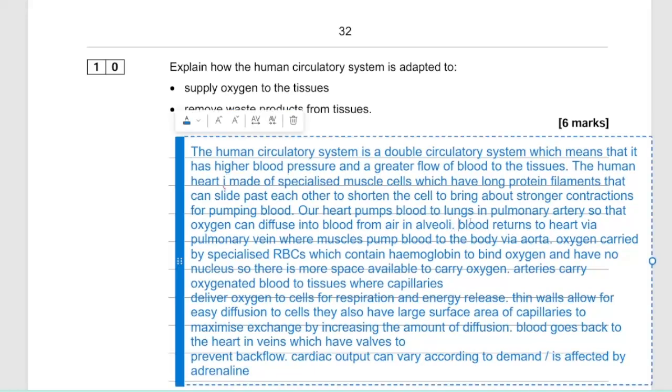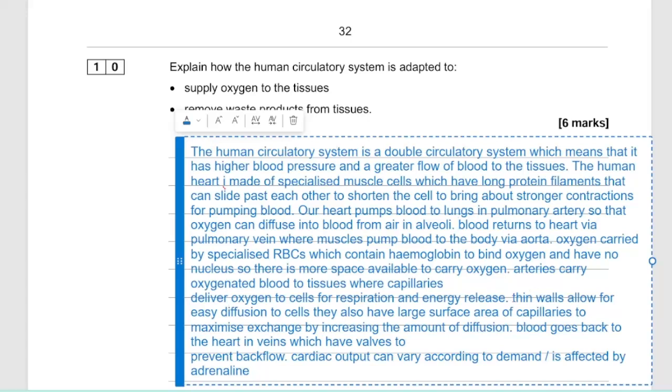And then blood returns to the heart via the pulmonary vein, where muscles pump blood to the body via the aorta, and oxygen is carried by specialized red blood cells, or RBCs, which contain hemoglobin to bind to oxygen and have no nucleus, so there is more space to carry oxygen. Arteries then carry oxygenated blood to tissues, where capillaries deliver oxygen to cells for respiration and energy release.